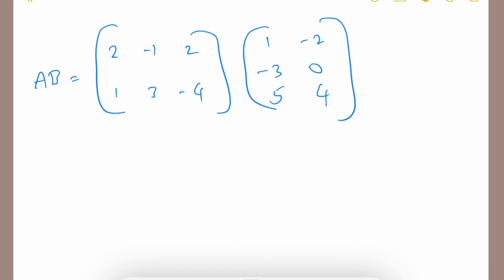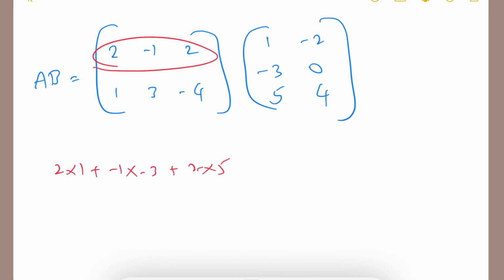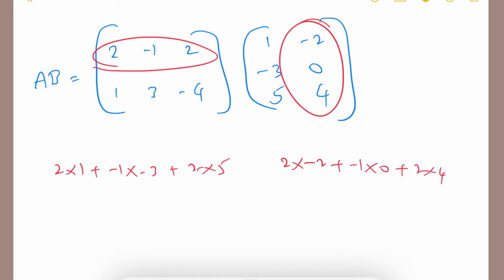Okay, let us find the AB value first. First row multiplying with first column: 2 into 1 plus -1 into -3 plus 2 into 5. The same way, first row multiplying with the second column: 2 into -2 plus -1 into 0 plus 2 into 4. Now first row completed, let's move to the second row.